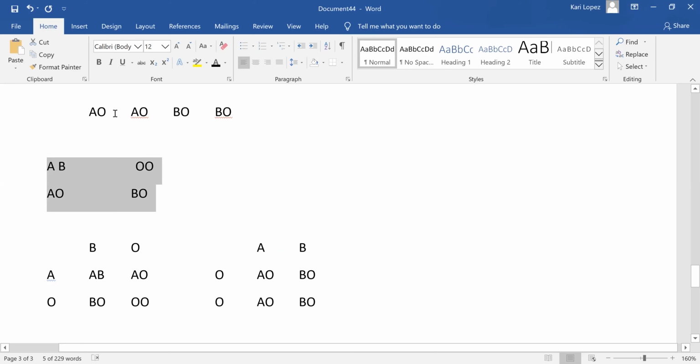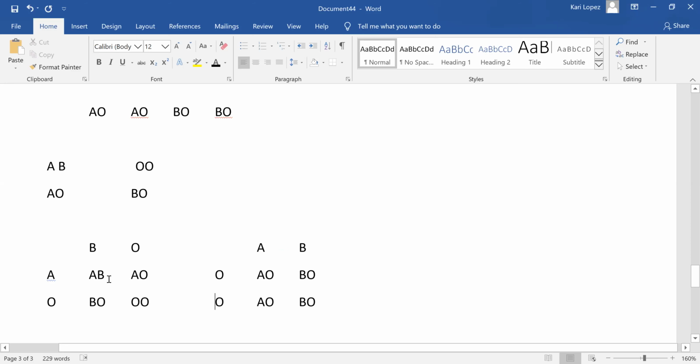But if they were like 50% are AO and 50% are BO, then it would have to be this one here, because only an AB and an OO parent can have 50-50, whereas an AO and a BO parent would have 25% AO, 25% BO, 25% AB, and then 25% group O. So the parents who are AO and BO have an AB child, an O child, a B child, and an A child.